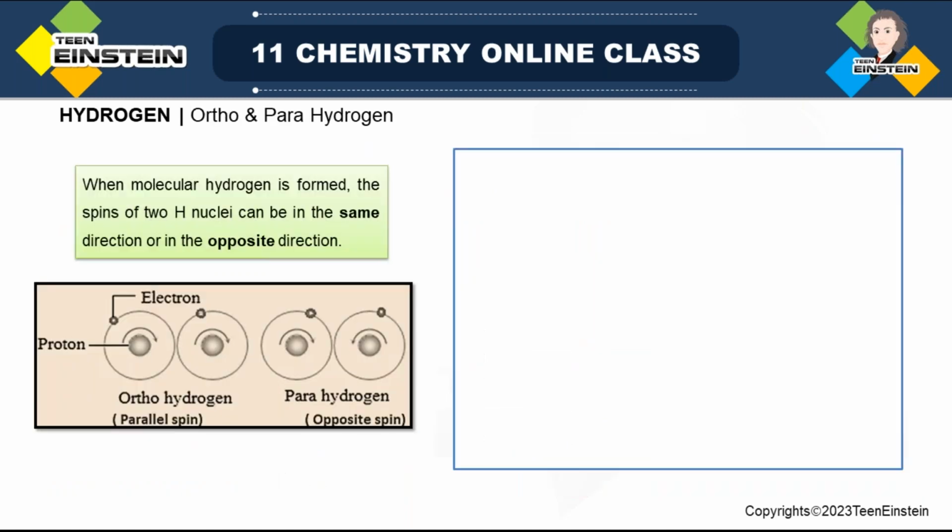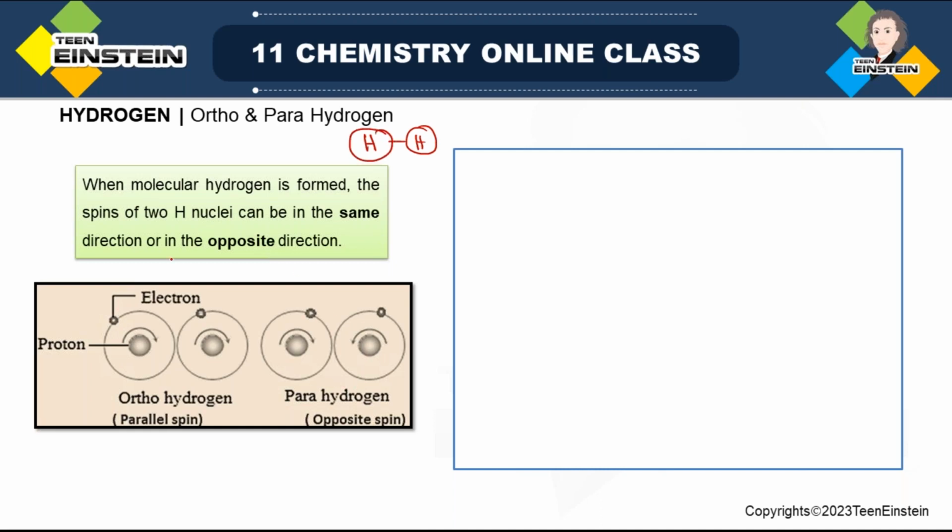Ortho and para hydrogen. Next we have this term, ortho and para hydrogen. Now this is all about the nucleus. If you simply consider a hydrogen atom, you need 2 hydrogen atoms when you are making this H2 molecule.